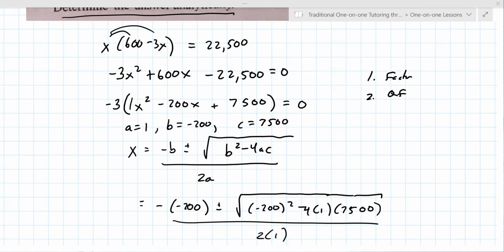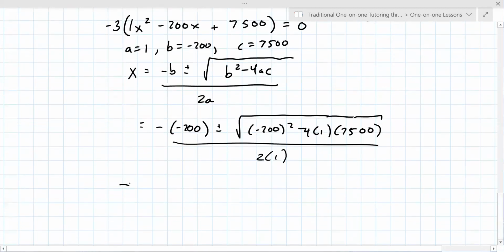Interesting. Okay. And then the other one. Yeah, so I got 50 and 150. Oh, they have to be 200 apart. Okay.